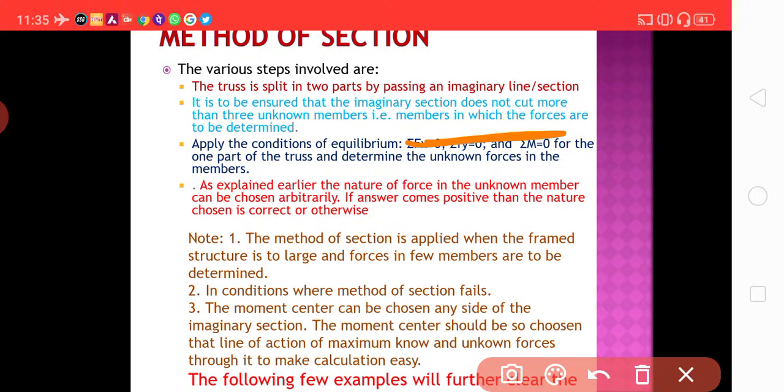Just note, the method of section is applied when the frame structure is too large and the forces in a few members are to be determined. I will explain that when dealing with numerical problems, because a truss can have 100 or 1000 members, as very large trusses are available, that is bridges and roofs.